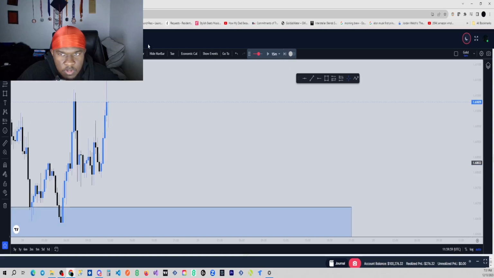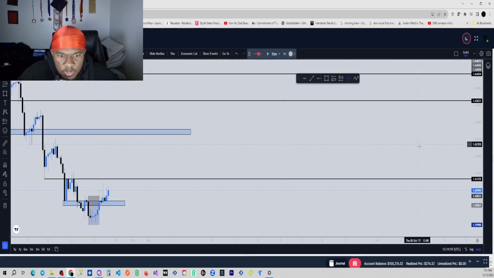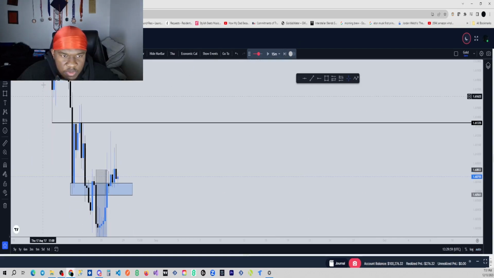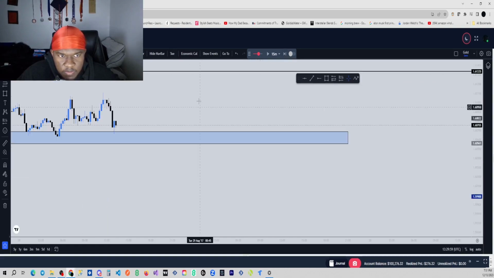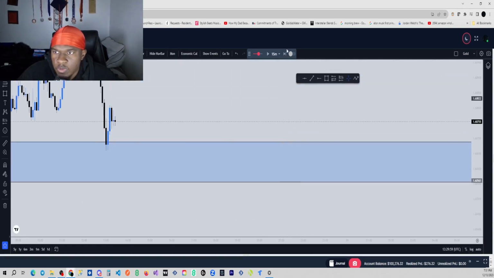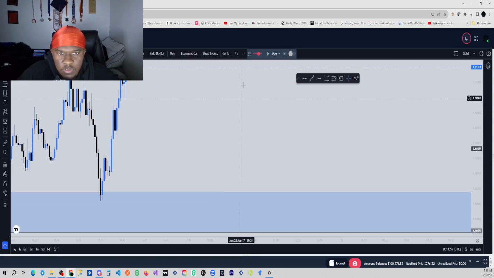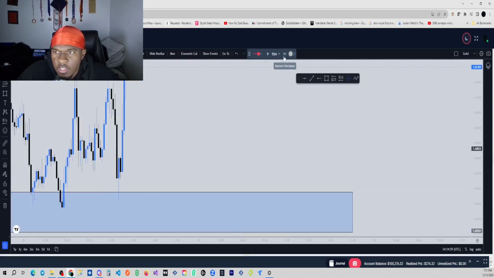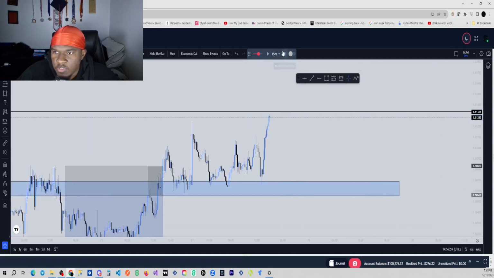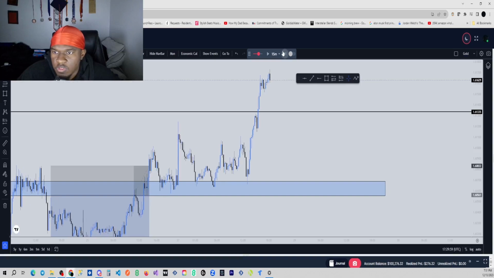All right, let's see what the 4 hour is. I like to use the 4 hour for judgment. Let's see where this 4 hour close is. We get a strong close above. All right, that's a pretty good close above. We'll look for buys now. Let's continue waiting.